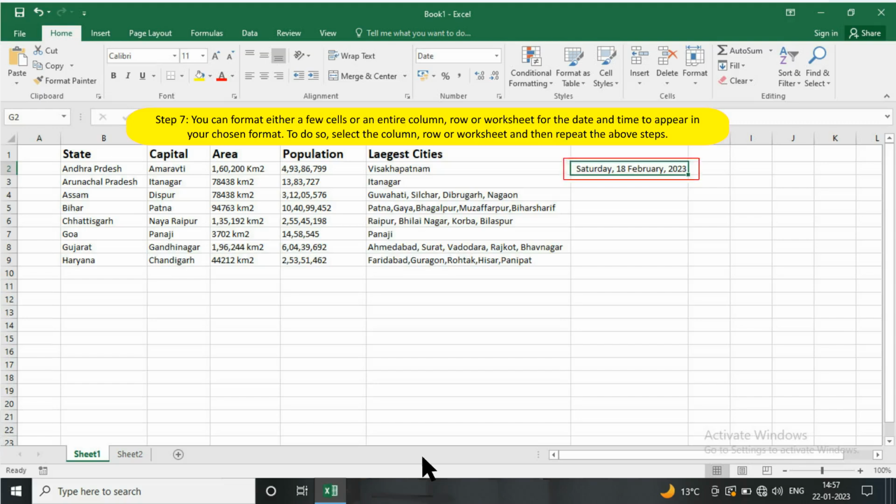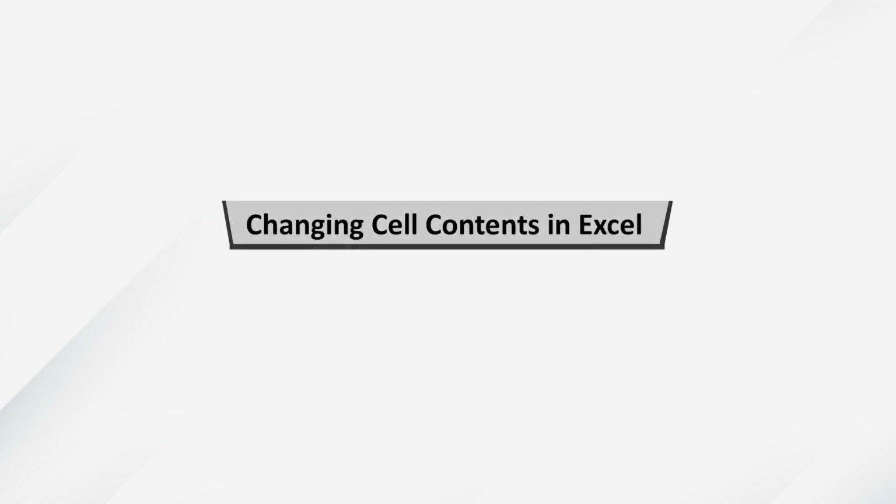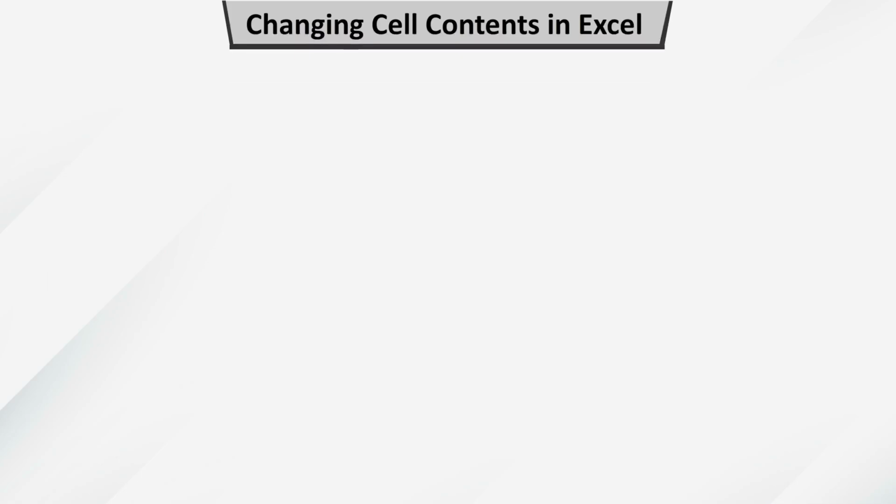To do so, select the column, row or worksheet and then repeat the above steps. Keyboard shortcut. To apply the default time or date format, select the cell that contains date and time. Click Ctrl plus Shift plus hash or Ctrl plus Shift plus @.